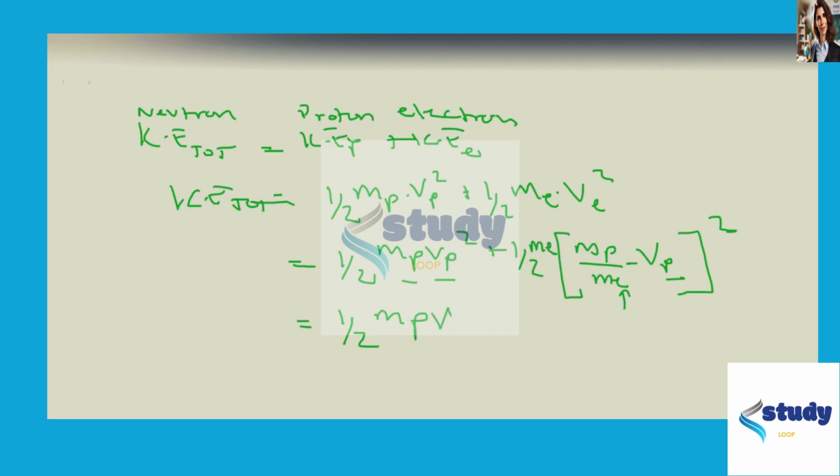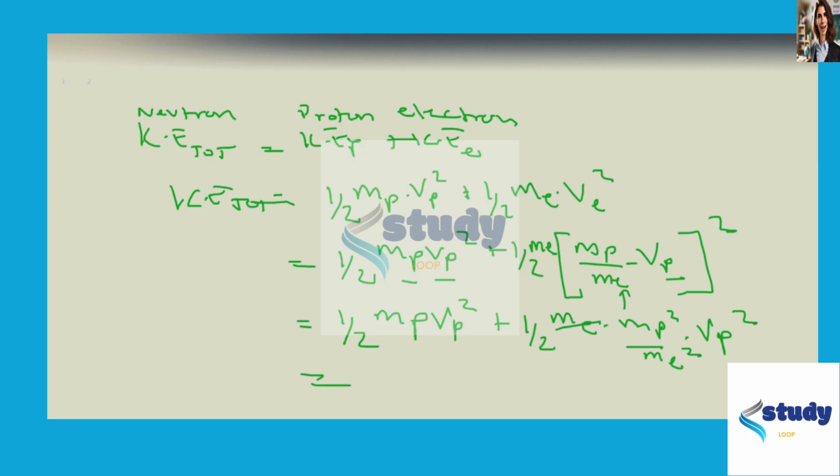So we have 1/2 mass of proton velocity squared plus 1/2 mass of electron times the mass of the proton squared over the mass of the electron squared, and then velocity of proton squared, like that. This one also is squared.